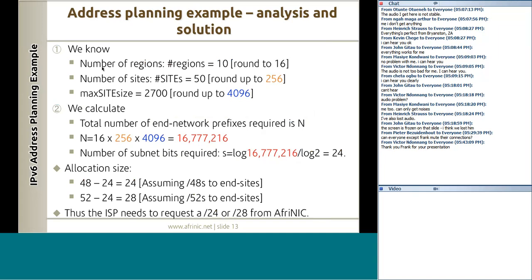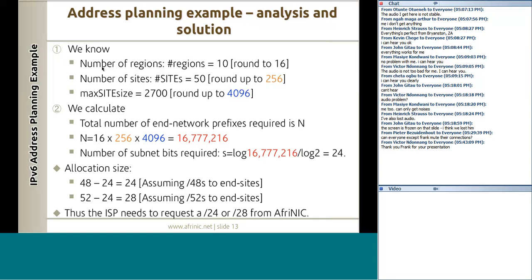Now, I calculate the total number of end-site prefixes, which is simply the number of regions times the number of sites times the maximum site size, which is 16 times 256 times 4,096, and I have that number, 16,777,216. This represents 24 bits, which is simply the logarithm of that 16.7 million, all over the logarithm of 2, which is 24 bits.